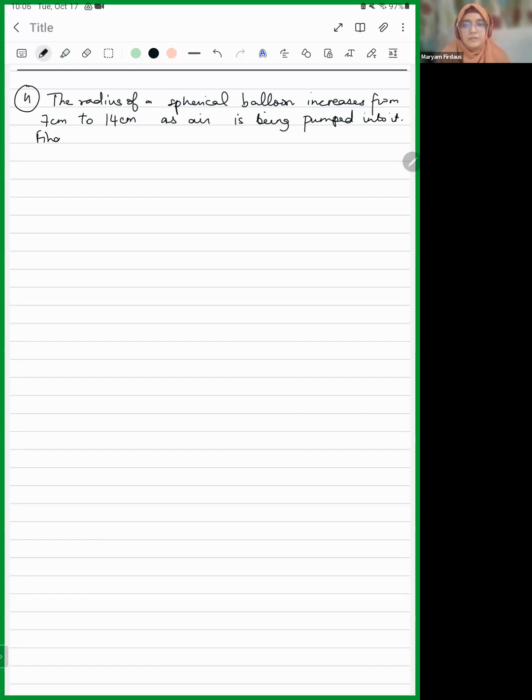Find the ratio of surface areas of the balloon in the two cases. Let me know when you're done writing this question so that we can discuss what it is.